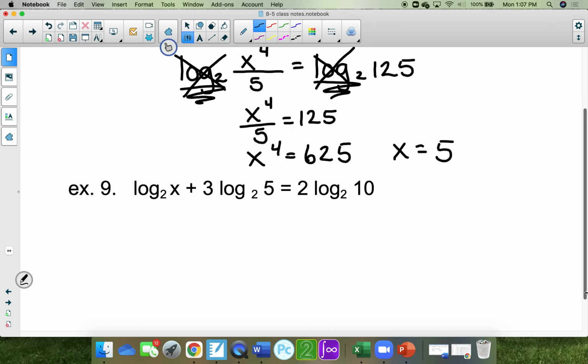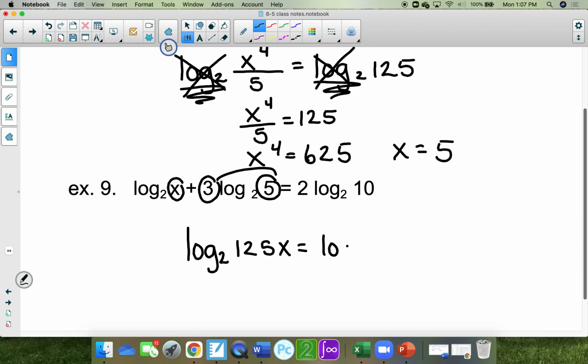Okay, the last one. The log of base 2. I know that these two are going to be multiplied together, and I know that it's 5 to the 3rd, which is 125x, equals the log of base 2 of 10 squared, which is the same thing as 100.